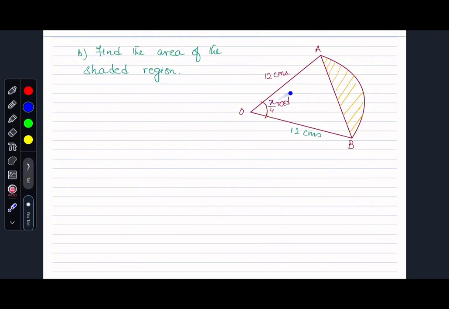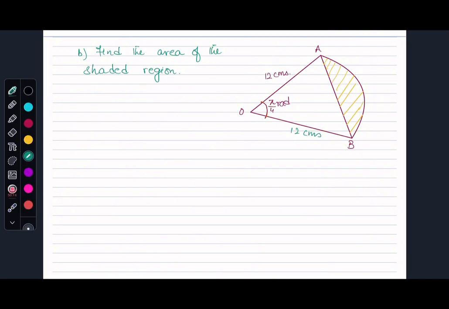Out of the entire sector that we have, if I am able to subtract the area of the triangle OAB with respect to the chord AB, then I should get the area of the shaded region here. This is the area which is shaded and we need to find out this area.